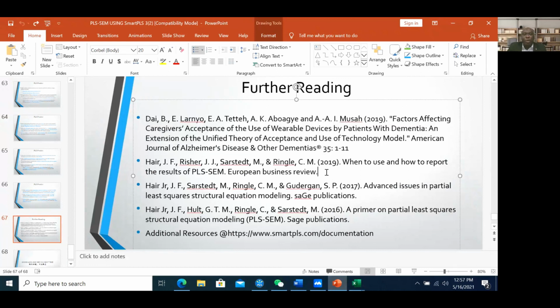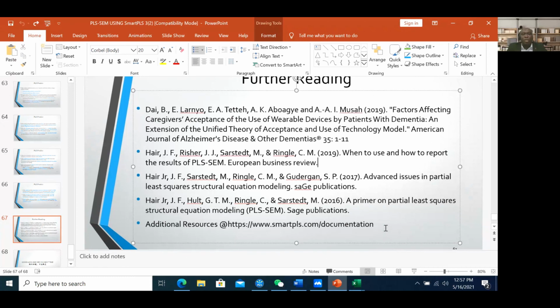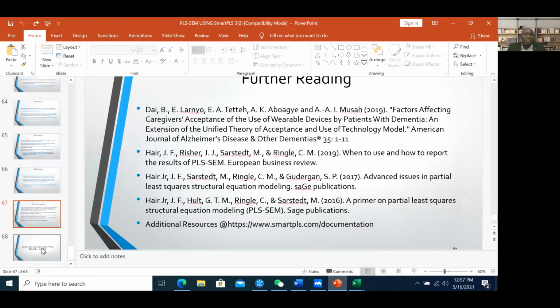You can further read from these, on when to use and how to report the results of PLS-SEM. You can also check the SmartPLS website, where you can get some additional resources and sample projects that you can run and try your hands on.